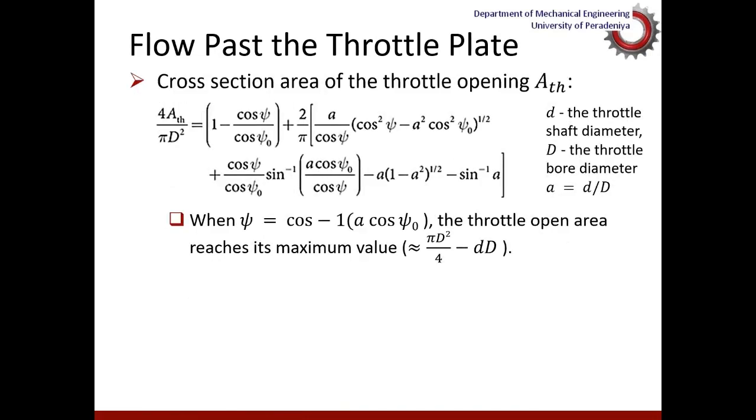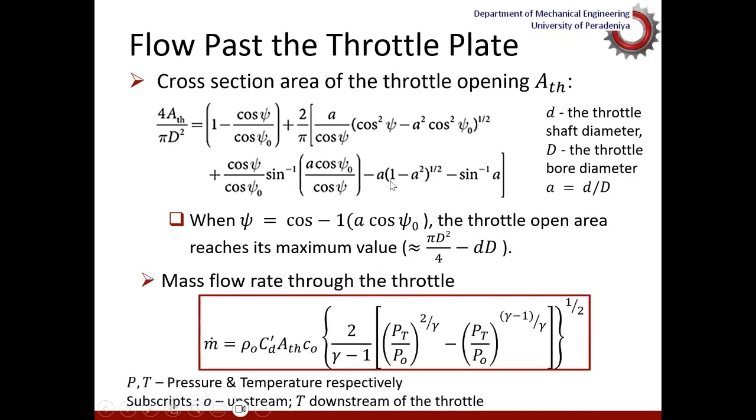I'm not so interested in finding these areas, but what I want to show is that using the same equation that we derived earlier, by applying the correct pressure values, stagnation pressure is the upstream pressure and PT is the downstream pressure, we will be able to find the mass flow rate through the throttle plate if you can find the areas and other parameters, as you can see here.